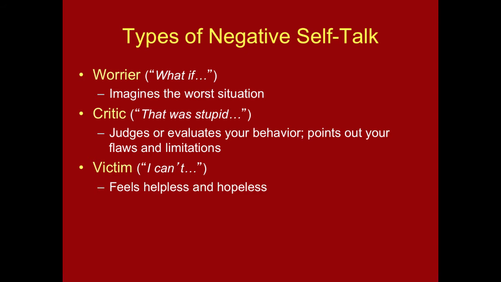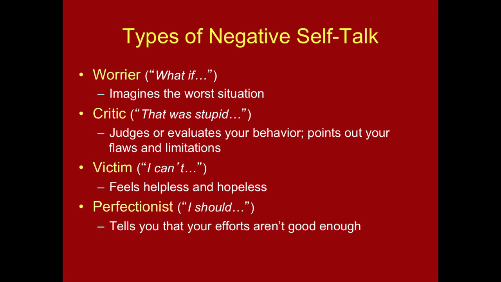The victim feels like they can't, like they have no control over what is occurring in their life. And the perfectionist. The perfectionist tells you that your efforts are no good, that you just aren't good enough, that anything less than perfection is worthless.